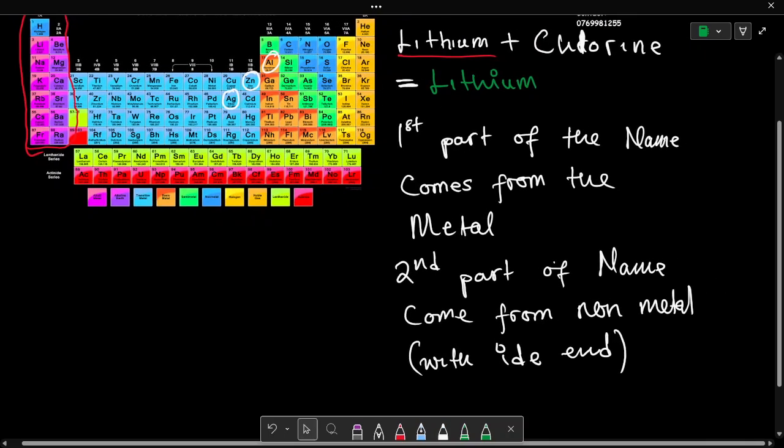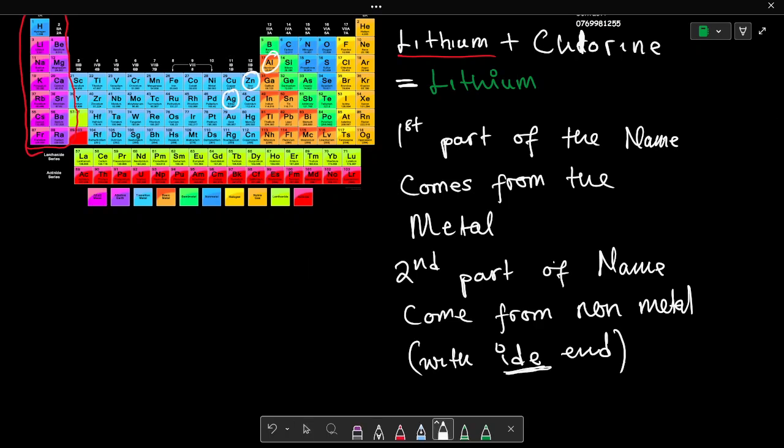So you change the ending of the non-metal that you have and you replace the ending with IDE. In our case we have chlorine. You are not going to say lithium chlorine. No, you replace the ending of chlorine with IDE. So you remove INE and replace it with IDE, and what you are going to get will be lithium chloride.